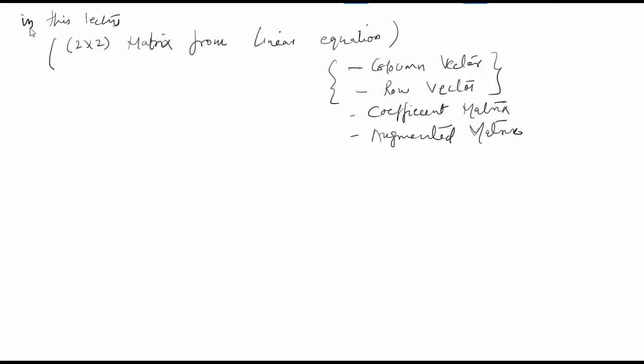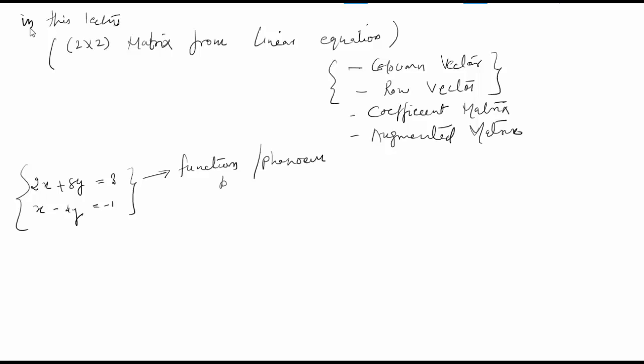So suppose you have a set of linear equations given by 2x plus 8y is equal to 3 and x minus 4y is equal to minus 1. This belongs to some function or some phenomena which depicts the behavior of that object.